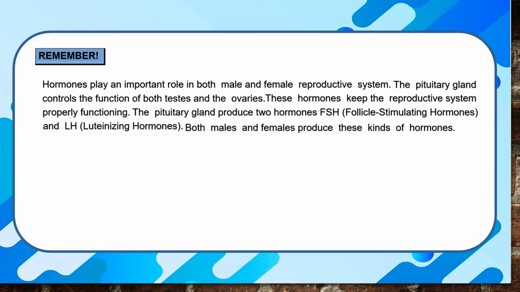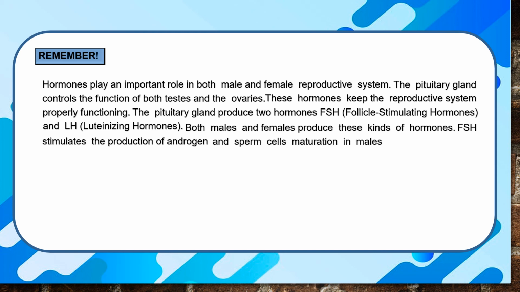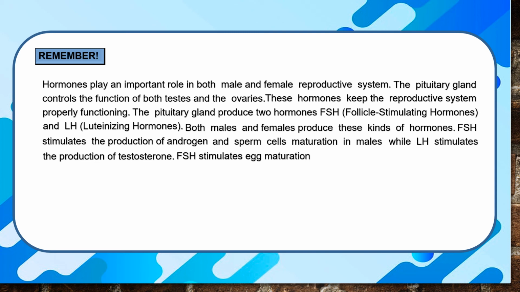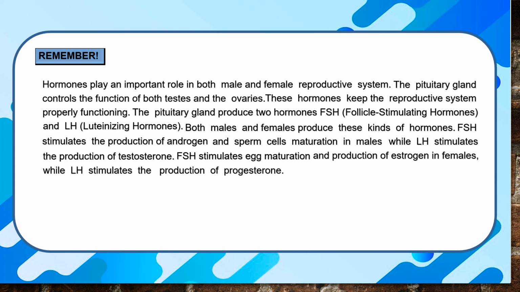Both males and females produce these kinds of hormones. FSH stimulates the production of androgen and sperm cell maturation in males, while LH stimulates the production of testosterone. FSH stimulates egg maturation and production of estrogen in females, while LH stimulates the production of progesterone.